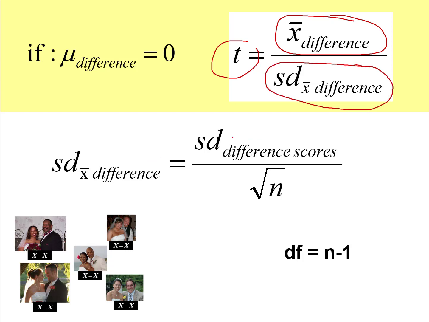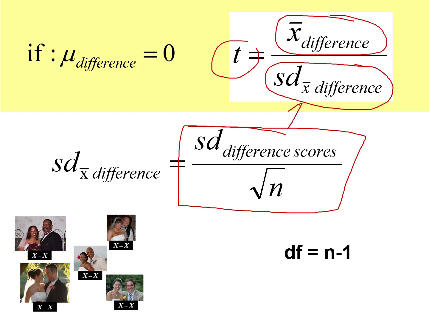We calculate that standard error using this formula in the middle of the page, the standard deviation of difference scores divided by the square root of n, and then we plug that into our t-score formula to get our t-value. Once we have our t-value, we can determine the probability of getting a t-value that extreme if the null hypothesis is true.